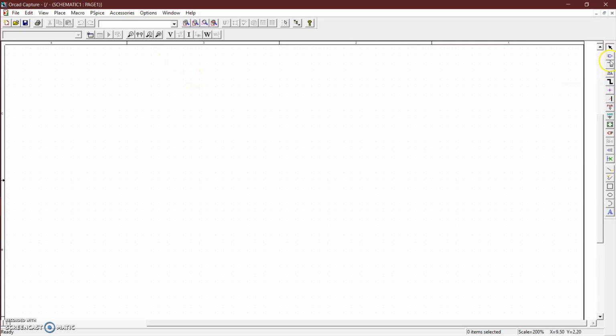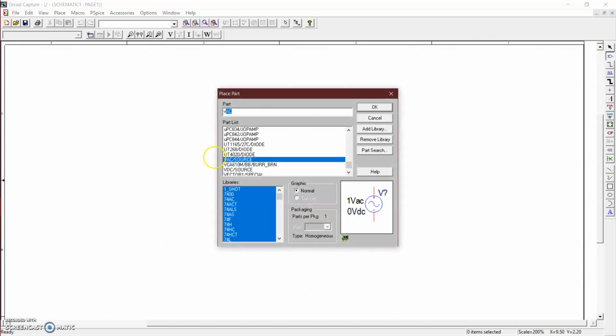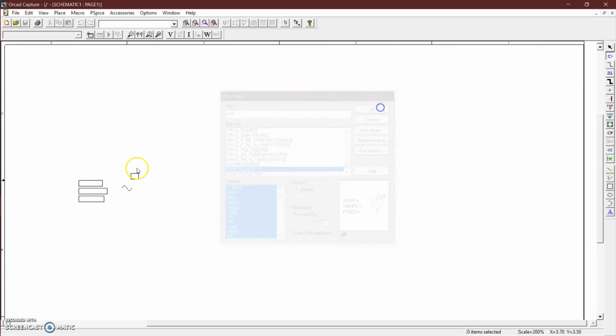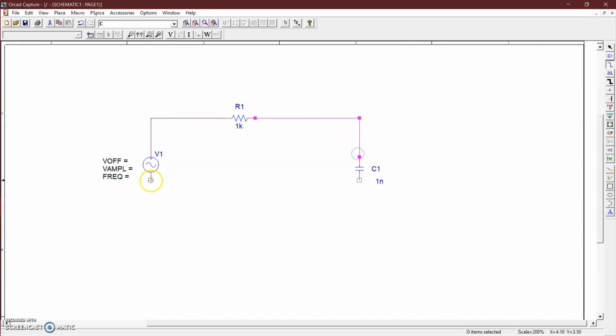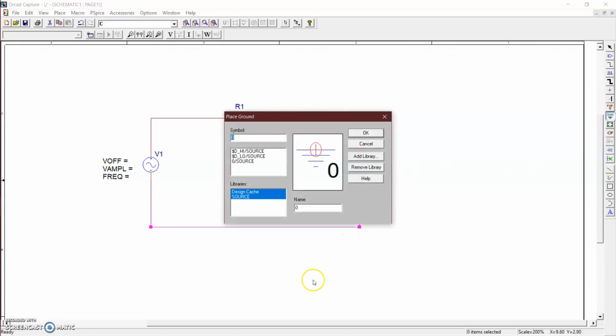Now in the right column you can see place part. There you can find your components. You can just place them in.